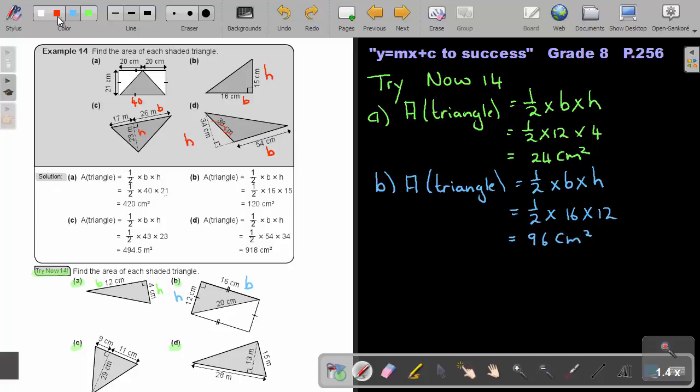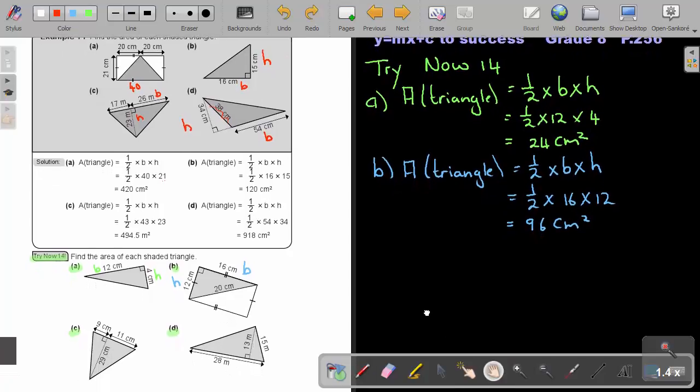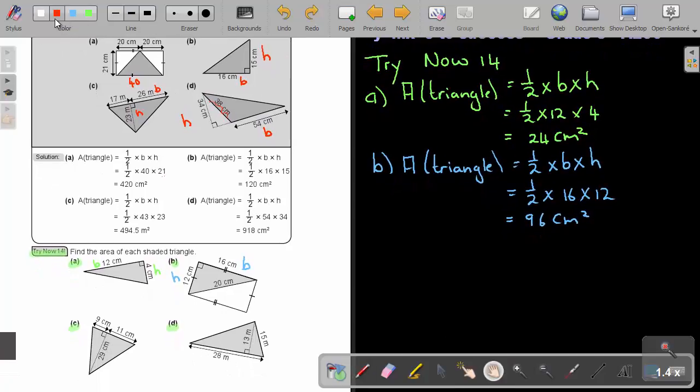Okay. And then the next one, if I look at this one, we can just move it up a little bit. That will be number C. So again, I can make this my base and I can make this my height. I must just add it up. And 9 plus 11, that will be 20.